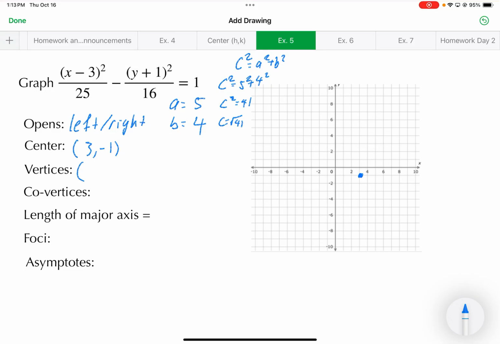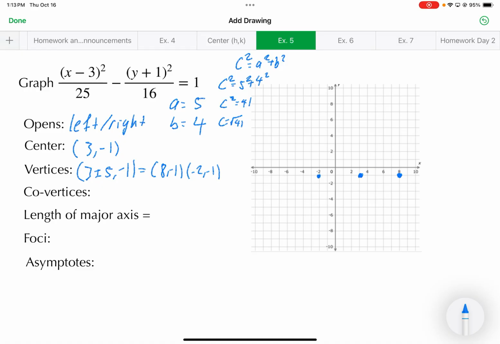So then I would have 3 plus or minus my a value of 5, and then -1. We do need to split that into 2 individual vertices. So then we would have 3 plus 5, which is 8, negative 1, and then 3 minus 5, which is negative 2, negative 1. So 8, negative 1, negative 2, and negative 1.